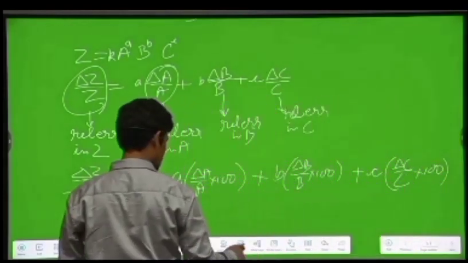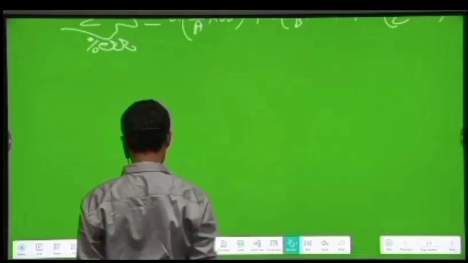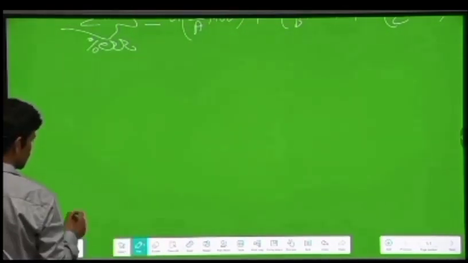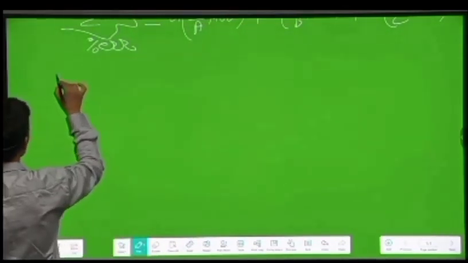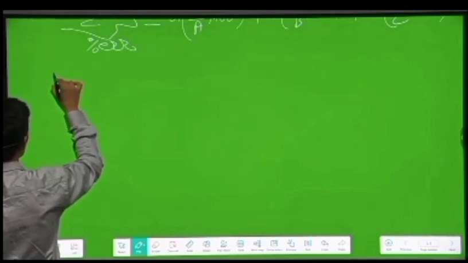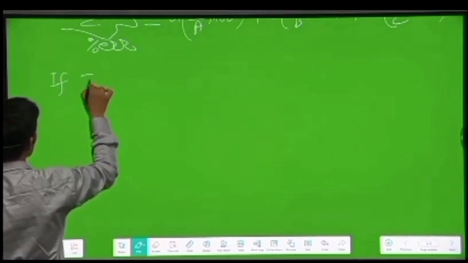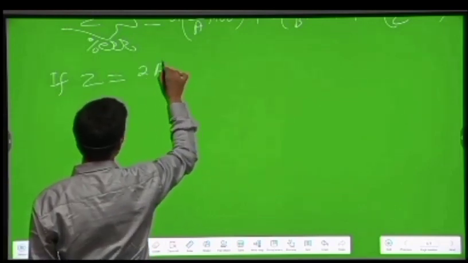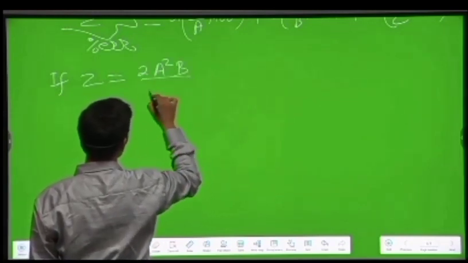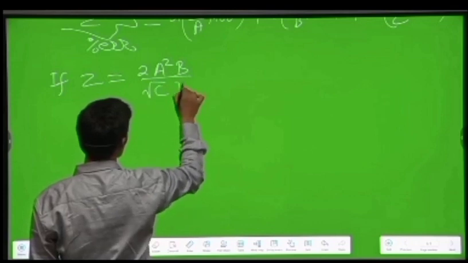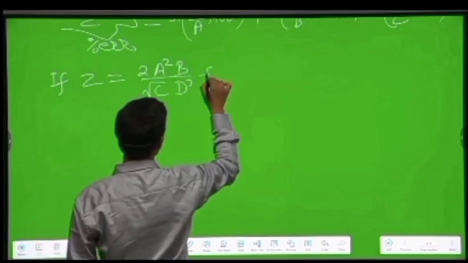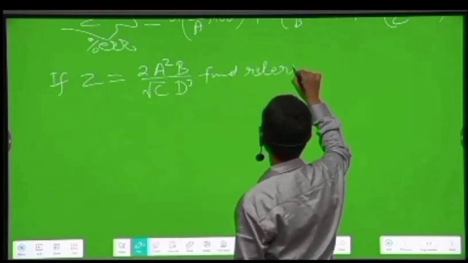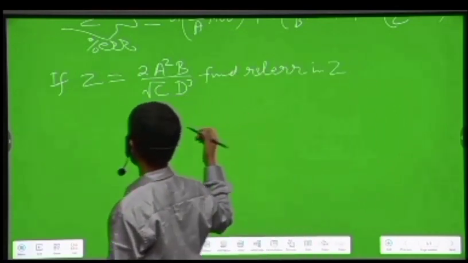So I'm giving an example for this also. Here it is. The question goes like this. If Z is equal to 2a square b upon root c d cube, then find the relative error in Z. So that's so simple.